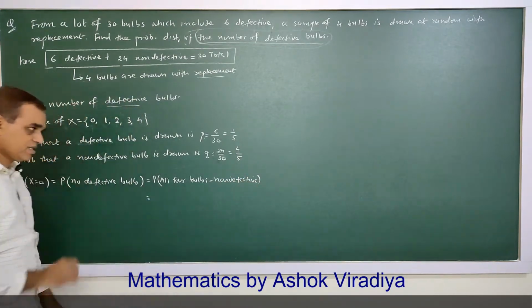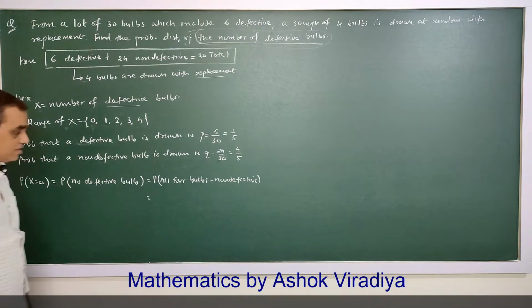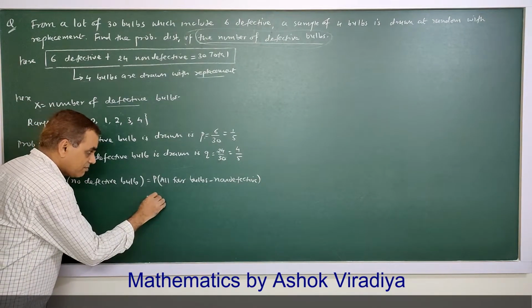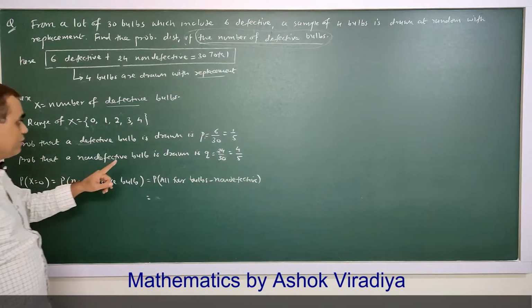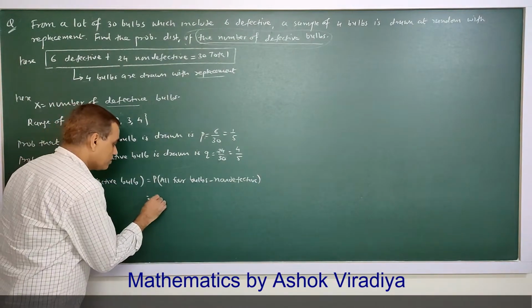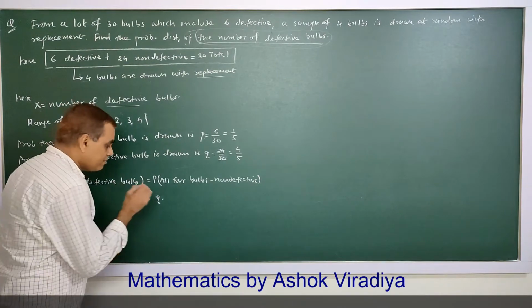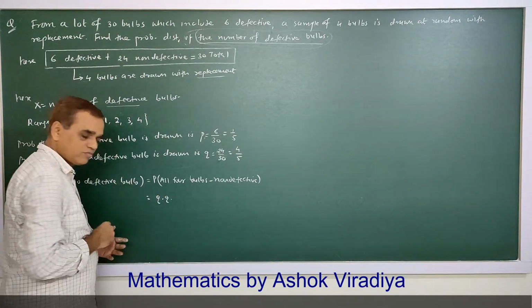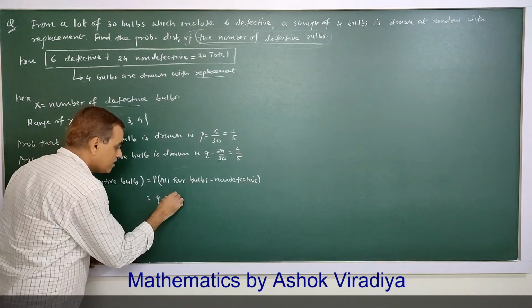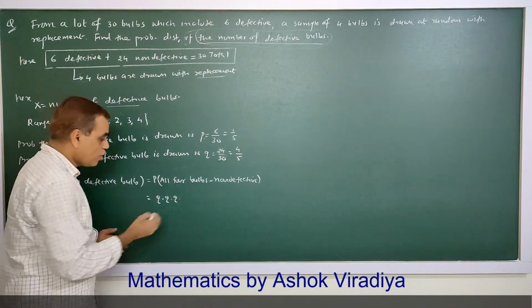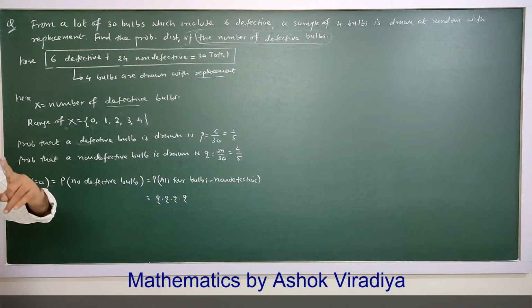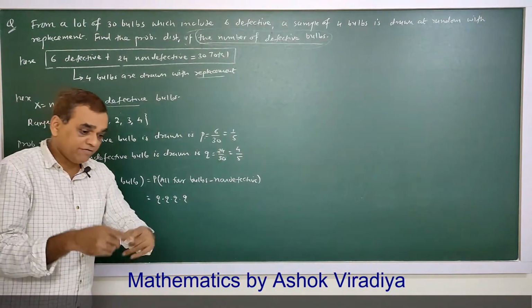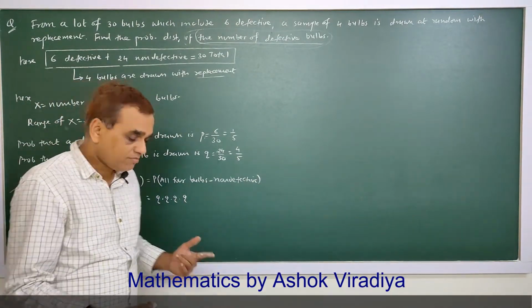That means its probability is, see, the probability that the first bulb is non-defective, that is Q. Second bulb is non-defective. Third bulb is non-defective. Fourth bulb is non-defective. These are independent events, every action is independent.